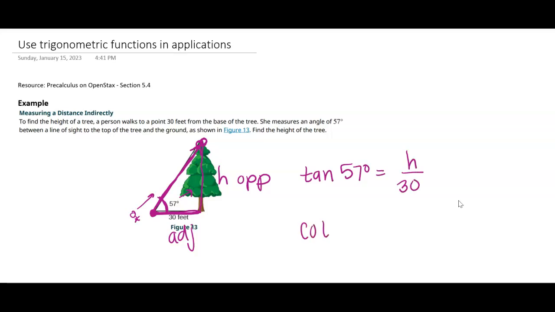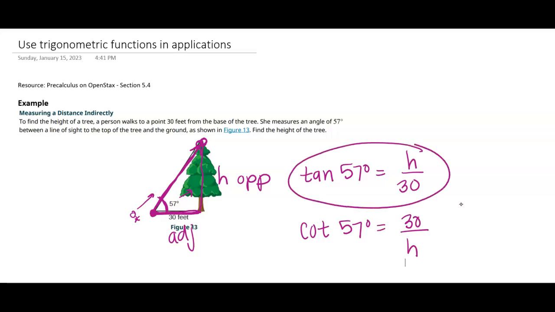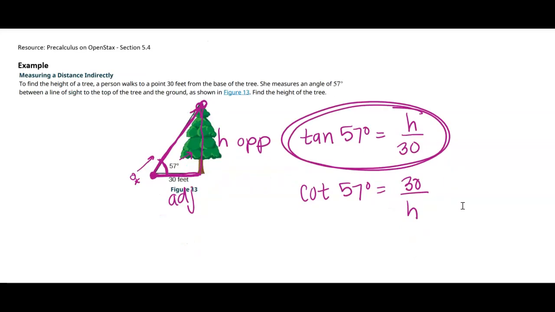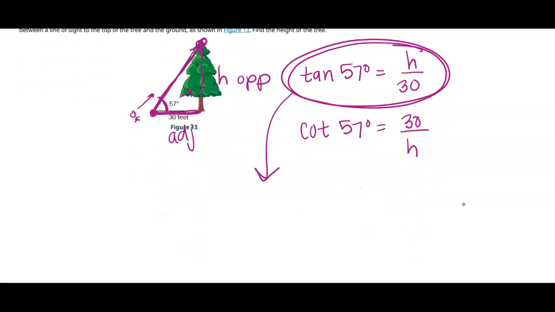I could also say the cotangent of 57 degrees is 30 over h. Let's go ahead and use this one because that's the easiest to solve for h. So h must be 30 times the tangent of 57 degrees.